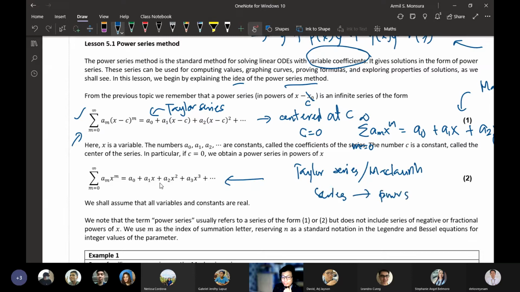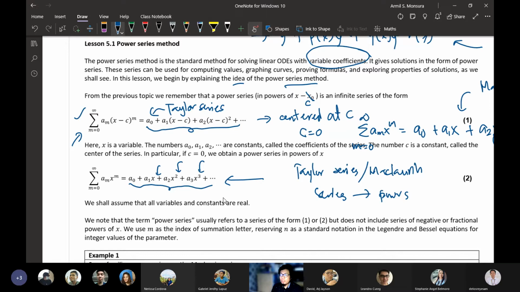Because when you actually expand your Taylor or Maclaurin series, you will see that the resulting series is a polynomial in X. So, kaya siya tinawag na power series.